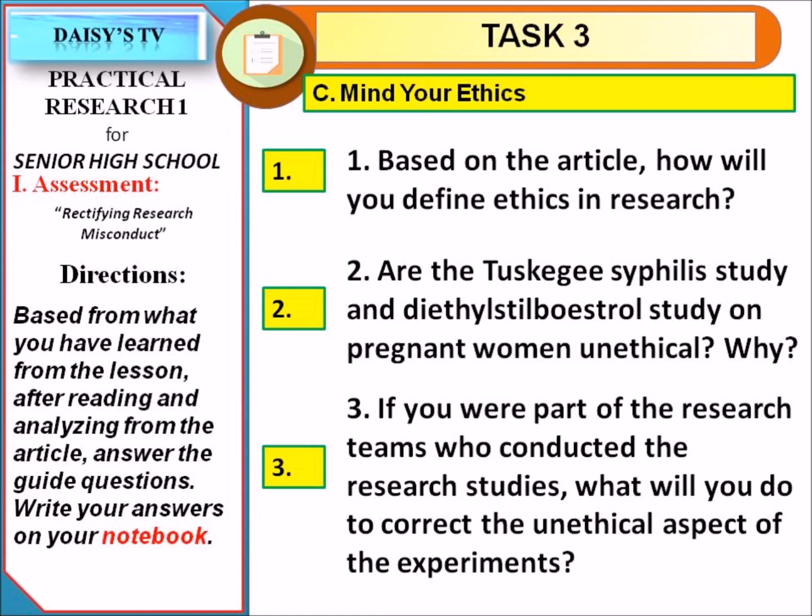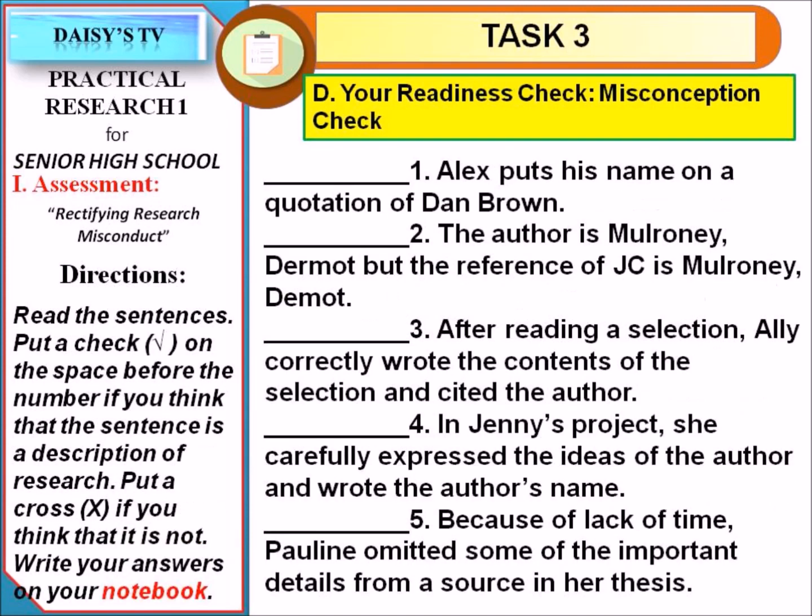Number 2, are the Tuskegee syphilis study and diethylstilbestrol study on pregnant women unethical? Why? Number 3, if you were part of the research teams who conducted the research studies, what will you do to correct the unethical aspect of the experiments?